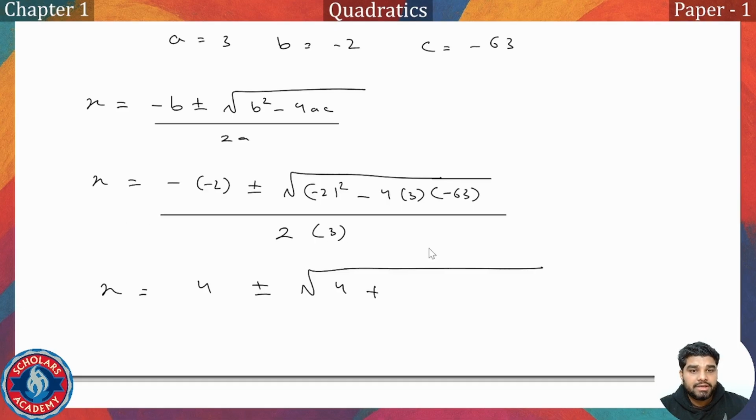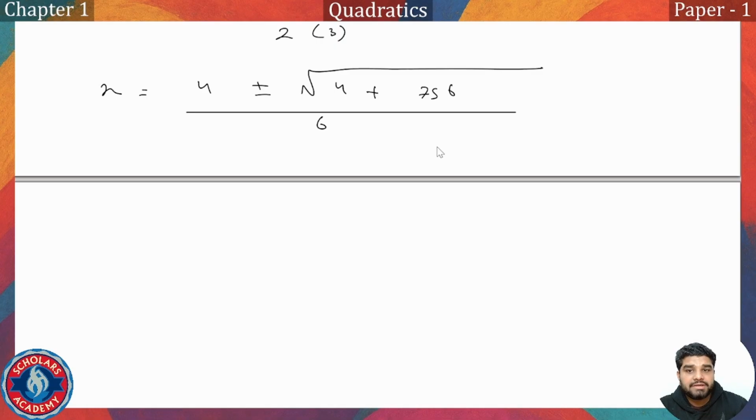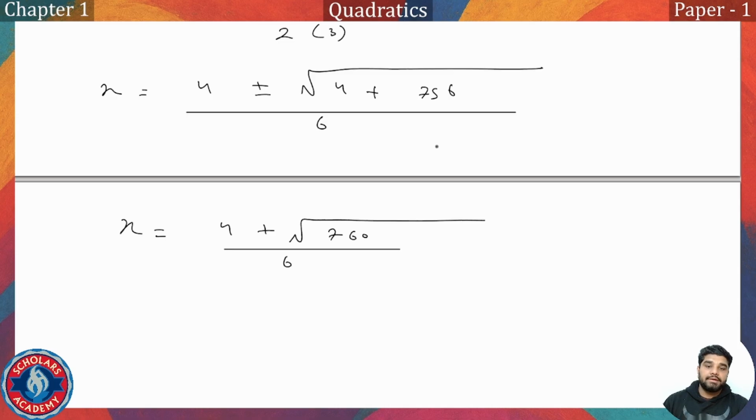So over here we get 756 divided by 6. Now if we simplify it, we get x is equal to 4 plus minus root of 760 by 6, right?